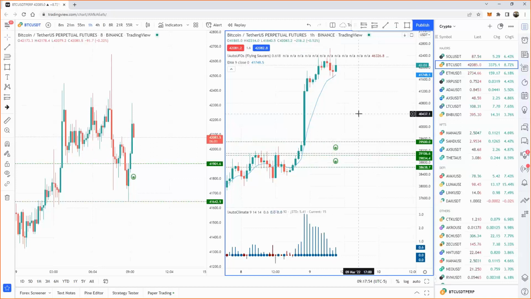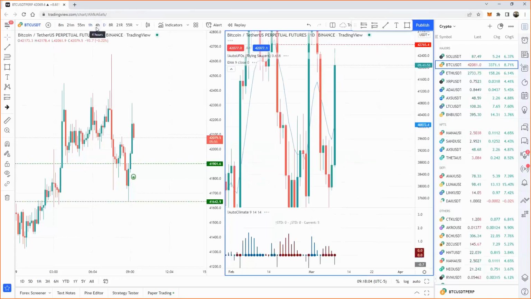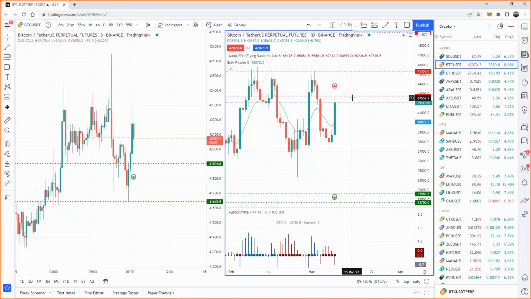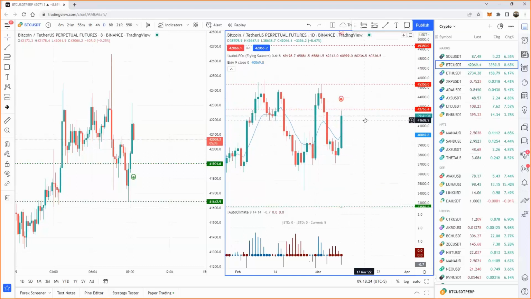So looking at Bitcoin first, obviously a massive move happening overnight. Okay, daily is still down climate, approaching a daily sell UFO. So perhaps we should skip on crypto for today, just because once it gets to these daily UFOs, we do see a reaction off of it.